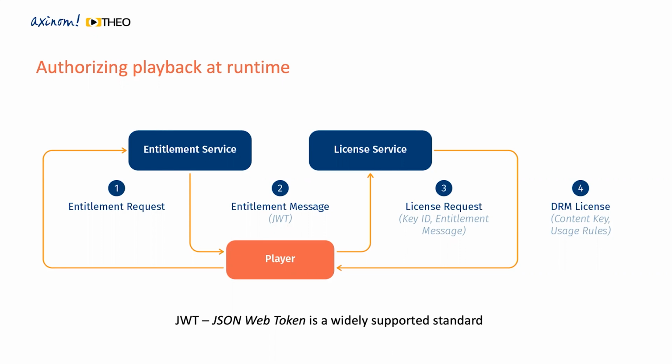The license service will then translate this into the DRM license of the flavor that this device needs. So it will create a DRM license either in FairPlay or in PlayReady or in Widevine speak, and return this back to the device, and then the player can start playback.